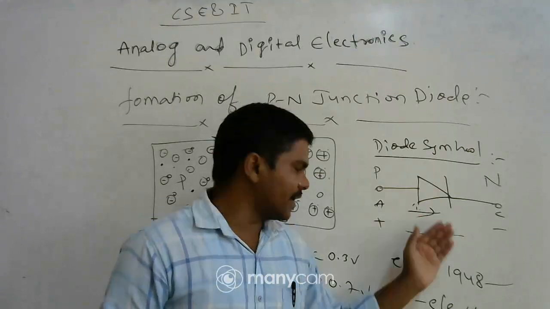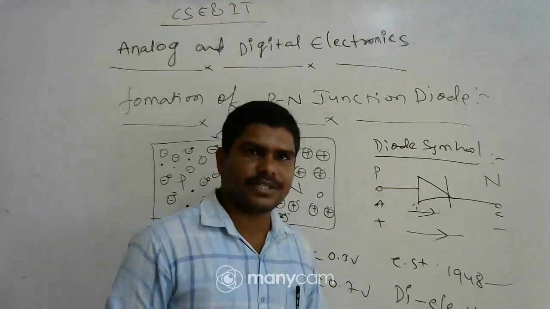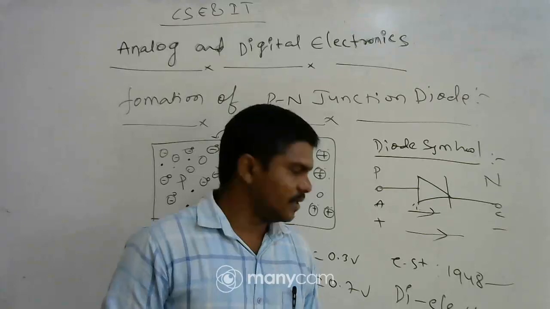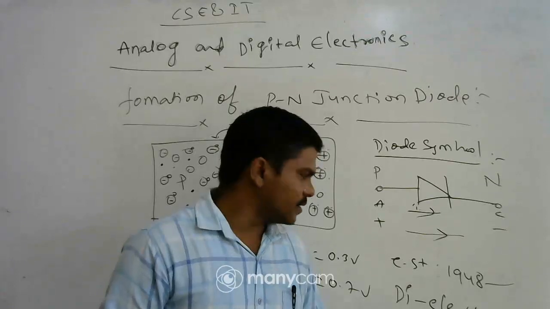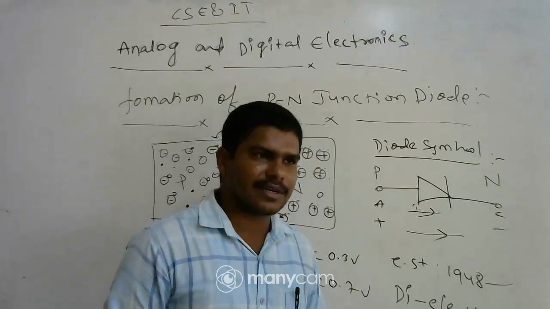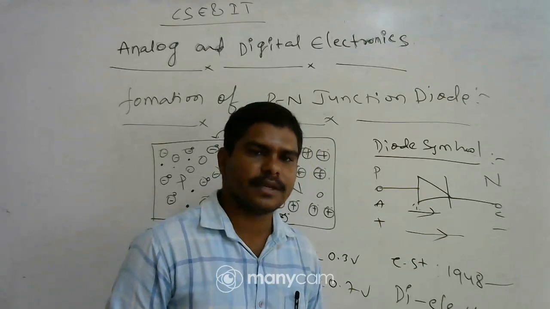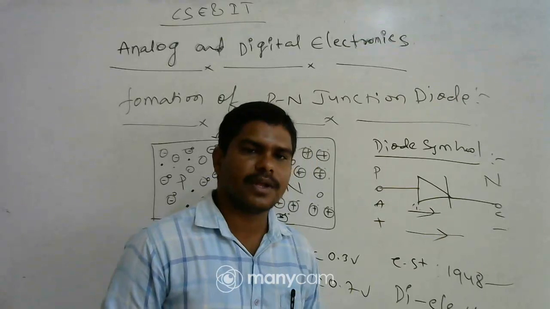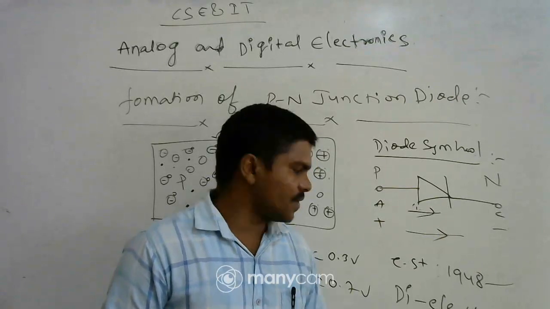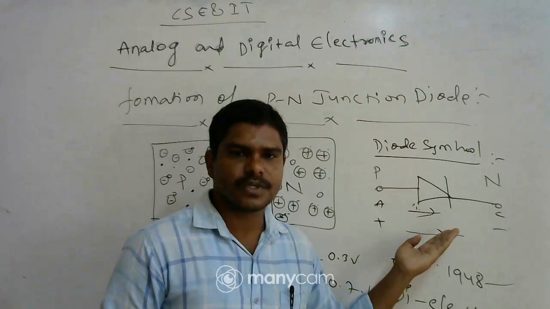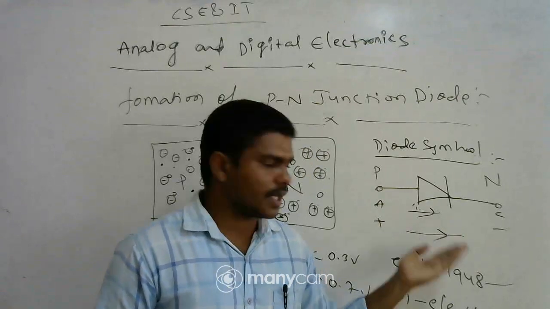The diode was invented in the year 1948 by John Bardeen. We call it a diode because it has two electrodes, the anode and the cathode. That's why this is called the diode, with two electrodes.